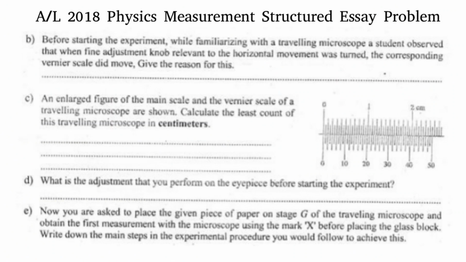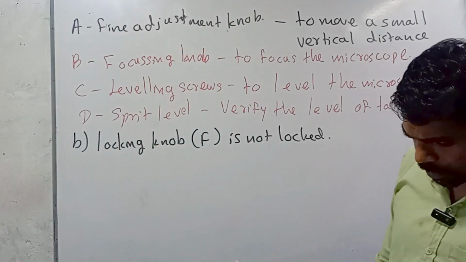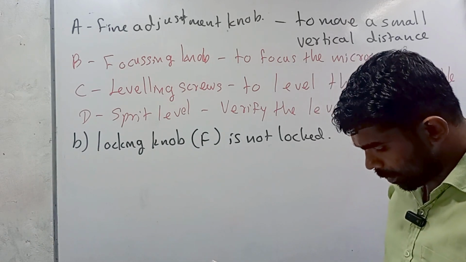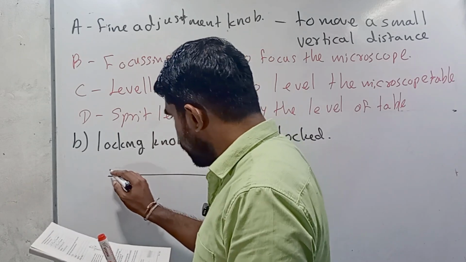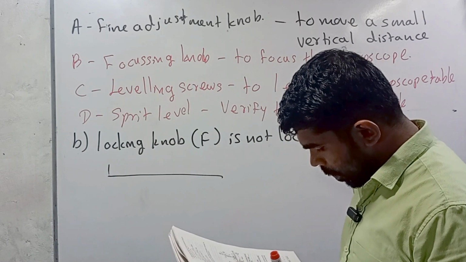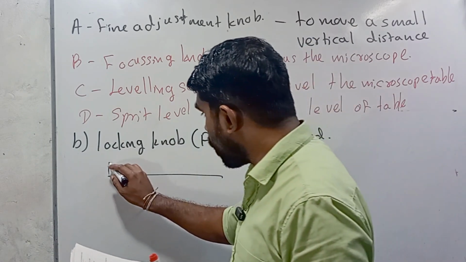In part C, an enlarged figure of the main scale and the vernier scale of the traveling microscope is shown. Calculate the least count of this traveling microscope. You can identify the main scale and vernier scale. For the main scale, we have to get two coinciding points.